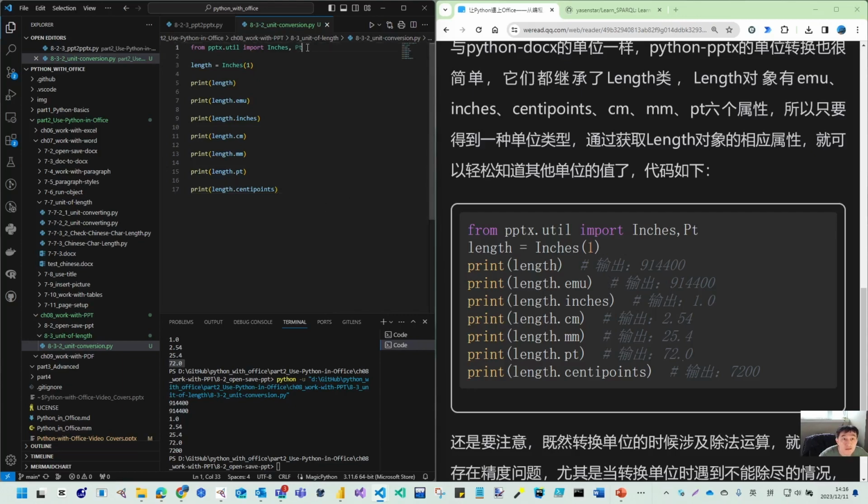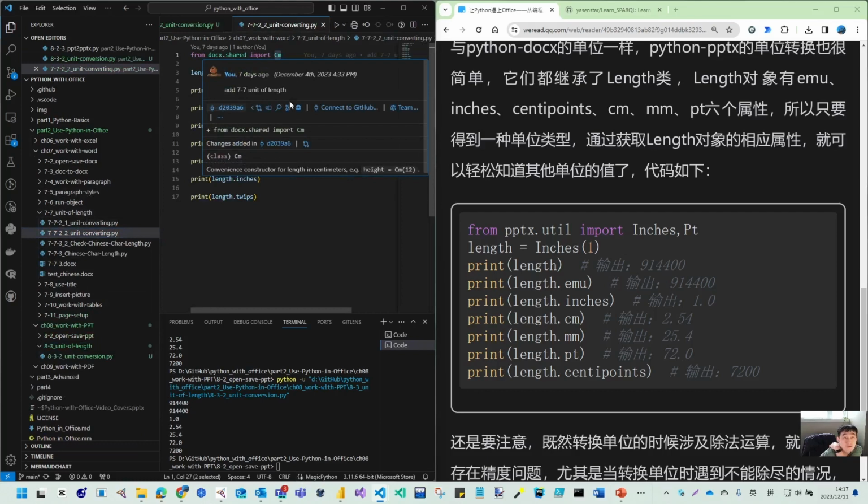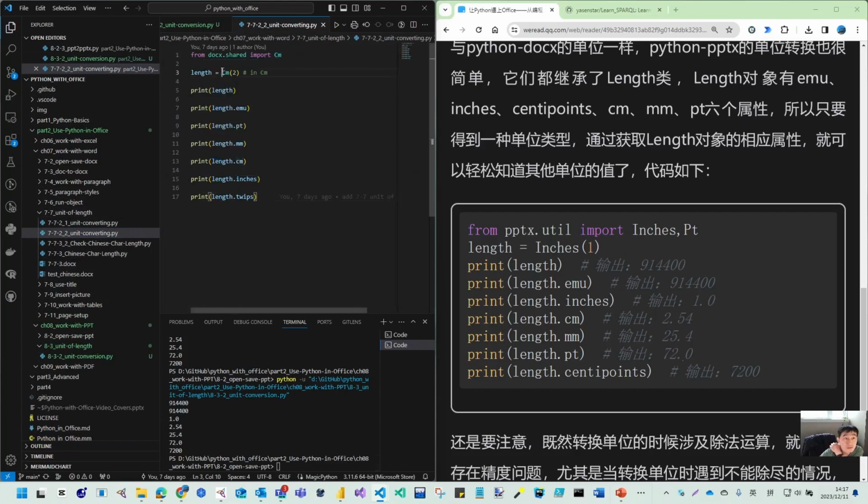But the strange thing here is this Pt is not used, I think. If I put it here, you can see it's still okay. So interestingly, it also looks like it's internal. For Word, I think you only need to load what you define, and for the rest of the things it's based on the properties, so you don't need to load that.